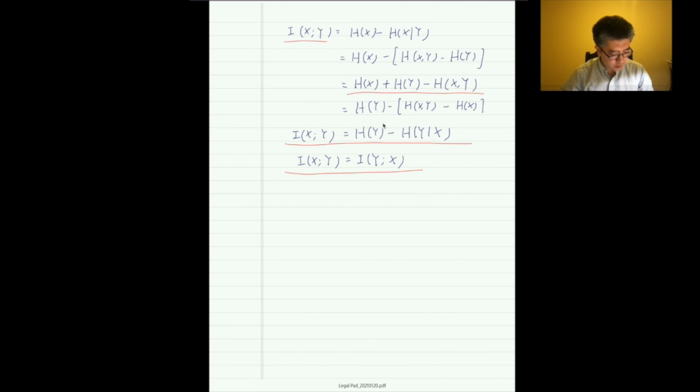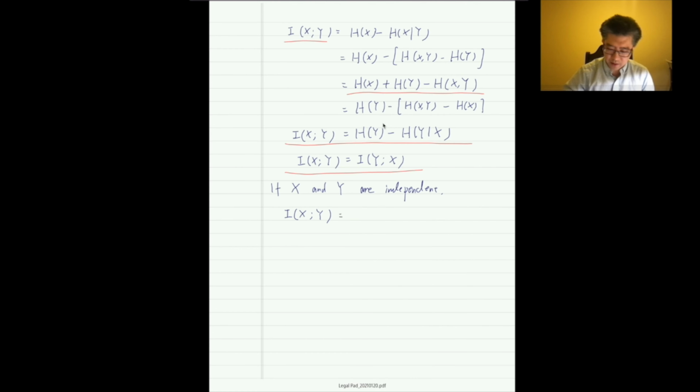One more thing that I want to emphasize: what happens if x and y, these two random variables, are independent? What do you think their mutual information is? Let's compute it.